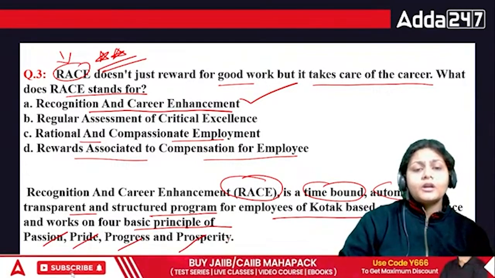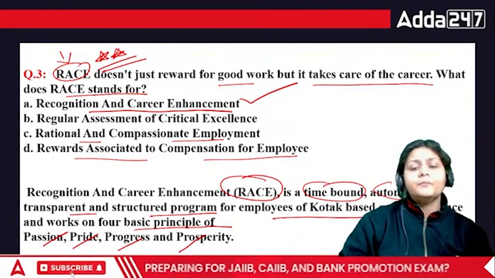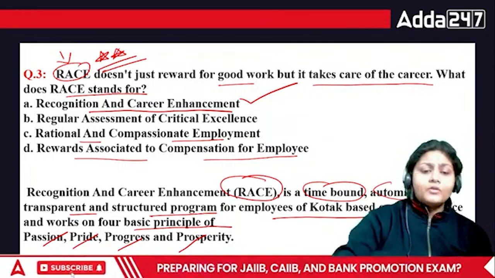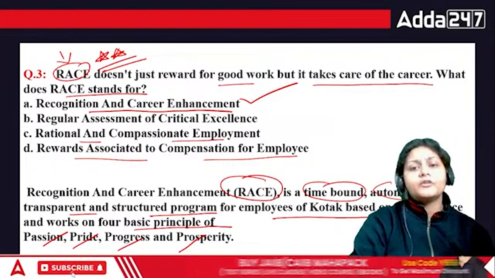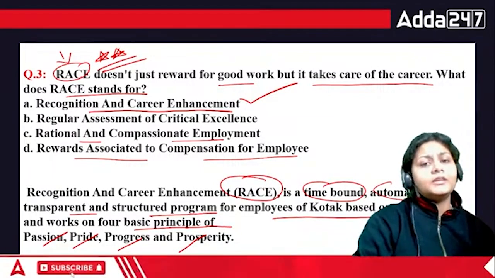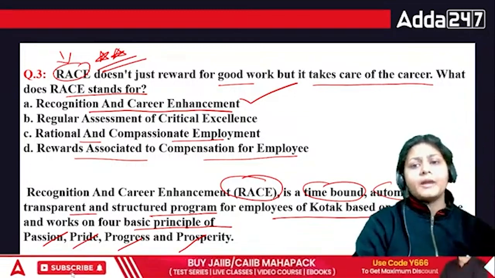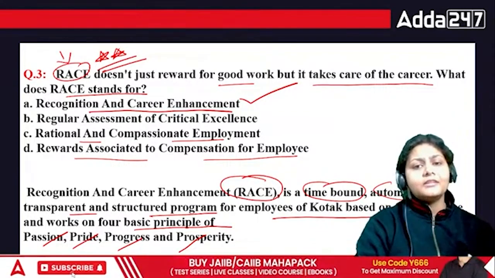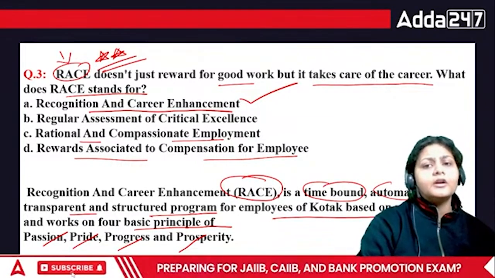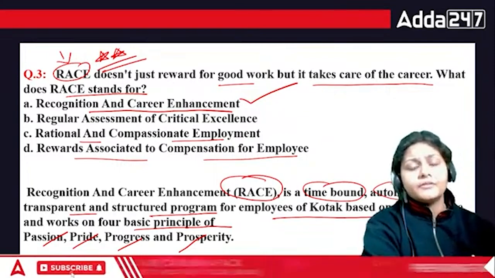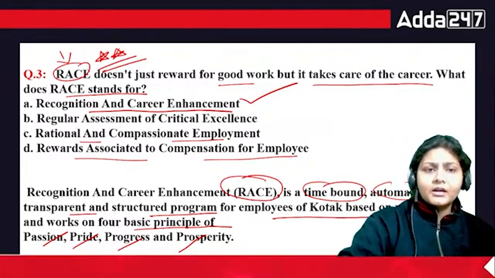RACE is the structured and transparent program for the employees of the bank, because you have to identify the performance of the employee based on these 4 parameters: passion, pride, progress and prosperity. These are the 4 bases. So please remember the full form of RACE: recognition and career enhancement. Option A is the correct one.